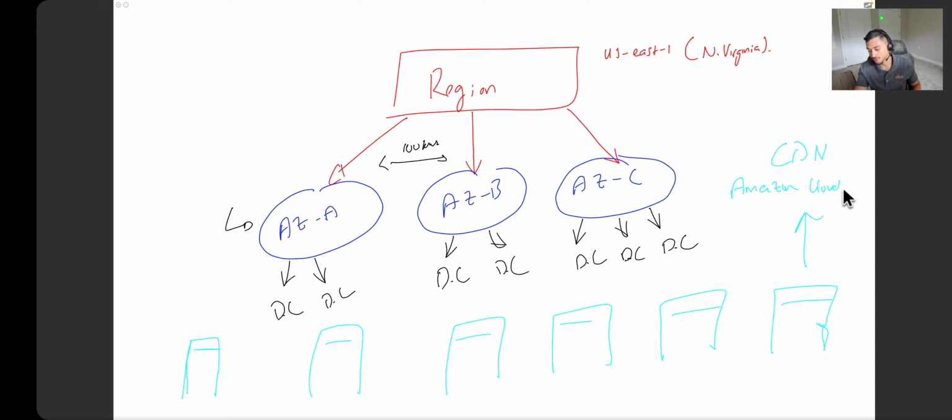Amazon CloudFront is our CDN that utilizes these edge locations to basically cache static data closer to the end users making those calls, right? So these edge locations sit at the edge, closer to the end users making those calls, and so the edge locations are basically used to cache frequently requested and static data closer to the users making those requests in order to lower latency, right?